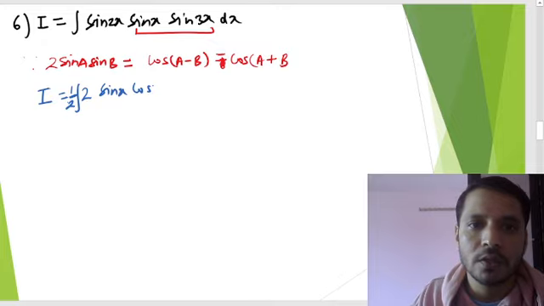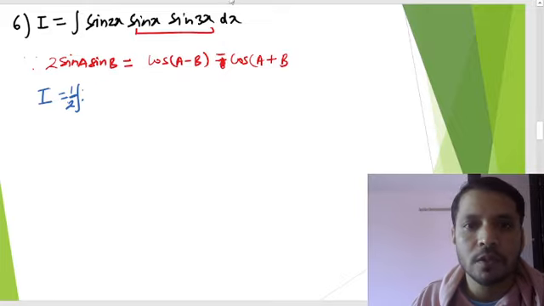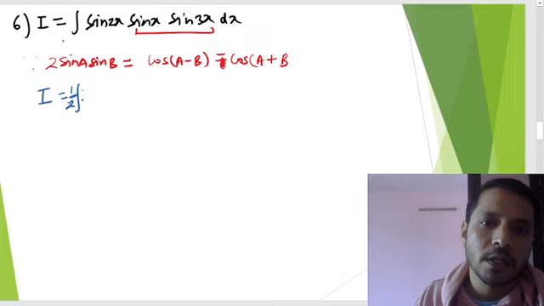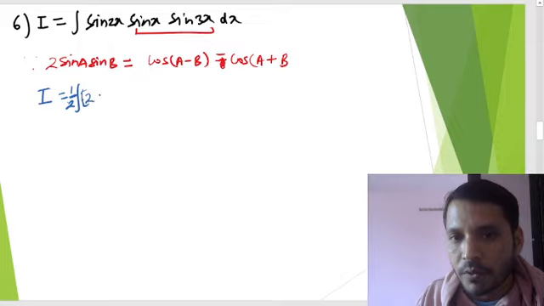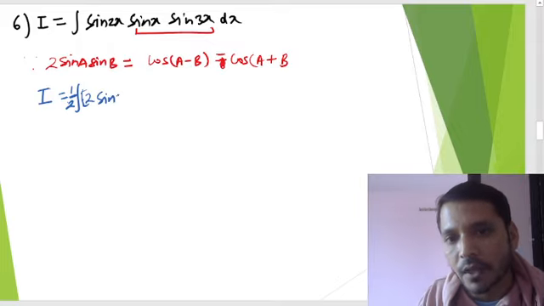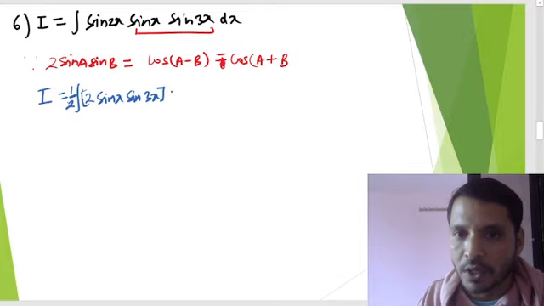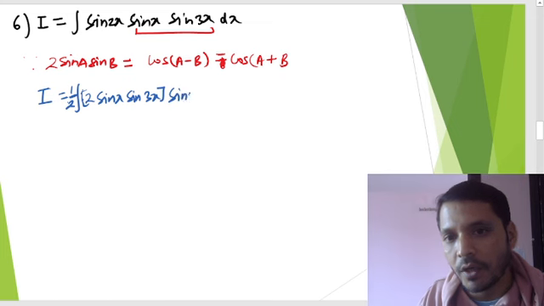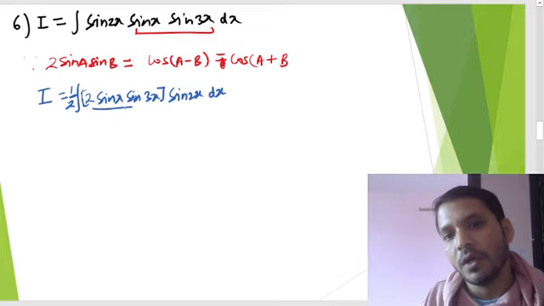So inside the bracket we will write 2 times sine x sine 3x, and outside of this we will write sine 2x into dx. Now we can apply the formula on this term.